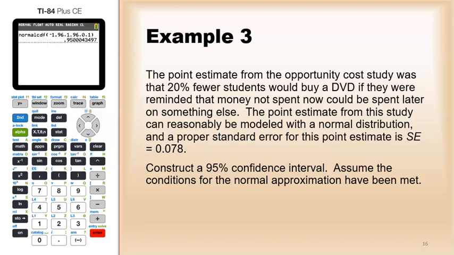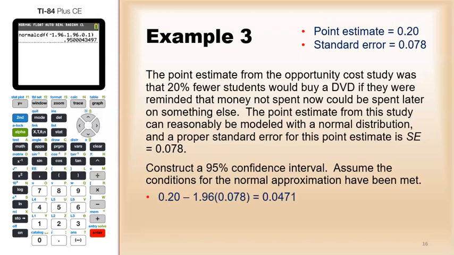For a 95% confidence interval, we're going to assume the conditions have been met. It was a random sample, and normality can be assumed. To summarize, the point estimate is 0.2 and the standard error given to you is 0.078. So for a 95% confidence interval, we have to figure out 0.2 minus 1.96 times 0.078.